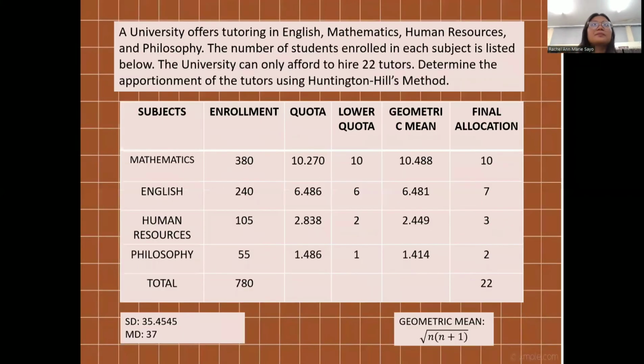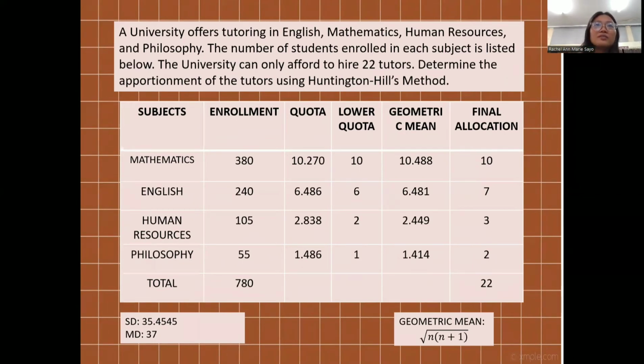Okay, let's proceed. I believe this is the next one. A university offers tutoring in English, mathematics, human resources, and philosophy. The number of students enrolled in each subject is listed below.